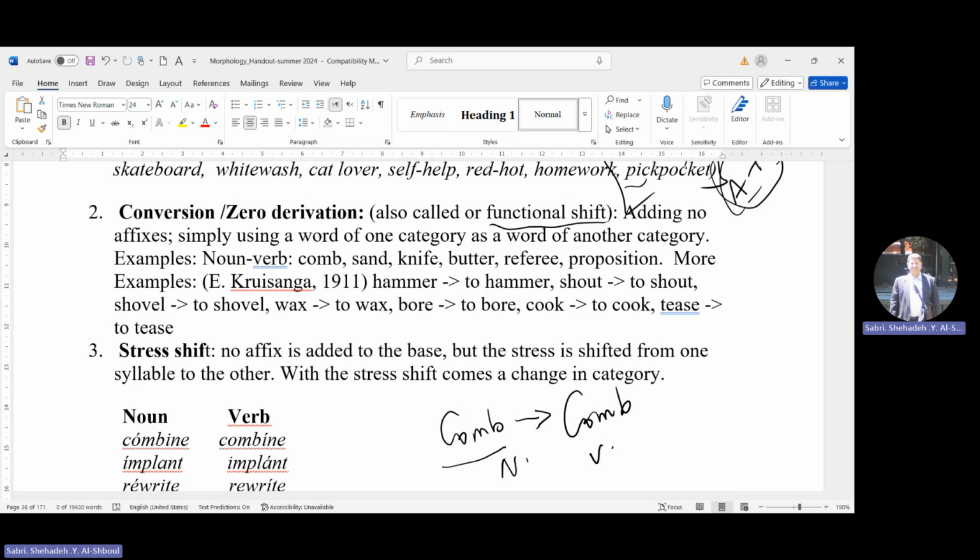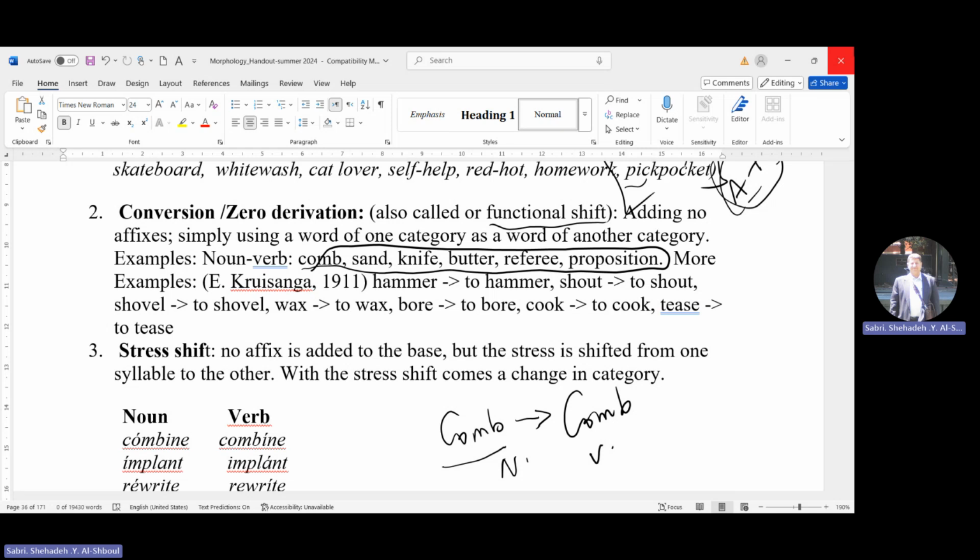It is just a kind of zero derivation. We have different examples, like right here: comb, sand, knife, butter, referee, proposition, hammer to hammer, shout to shout, shovel to shovel, wax to wax, and so on and so forth.